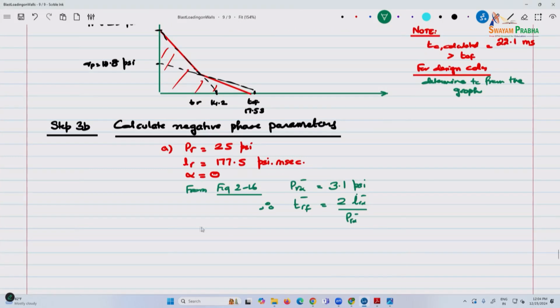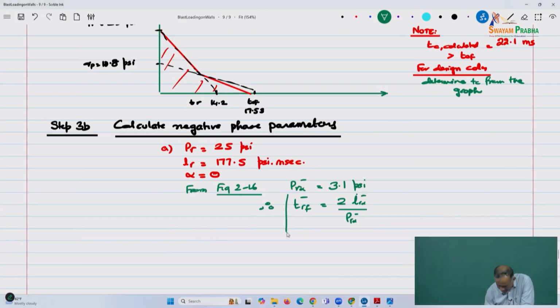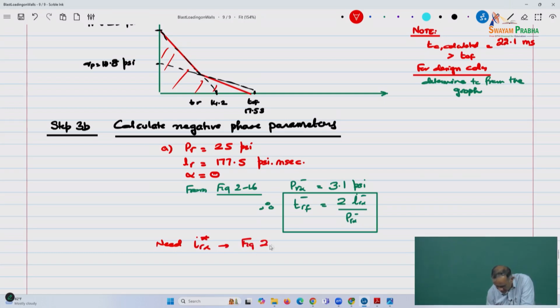For this, we need negative alpha. Again, figure 2-16 for Z equal to 10.13 feet.